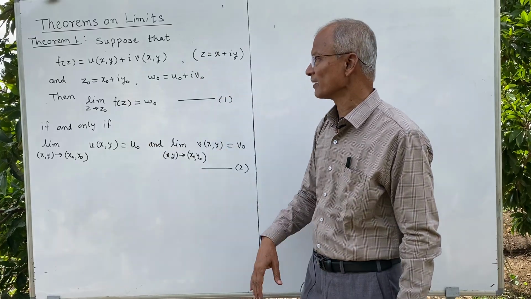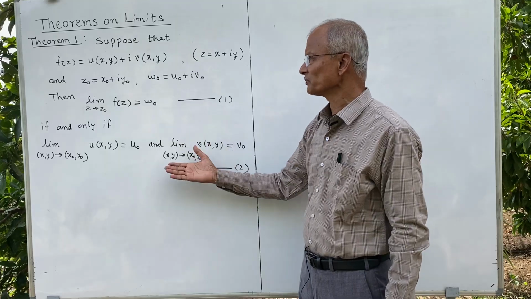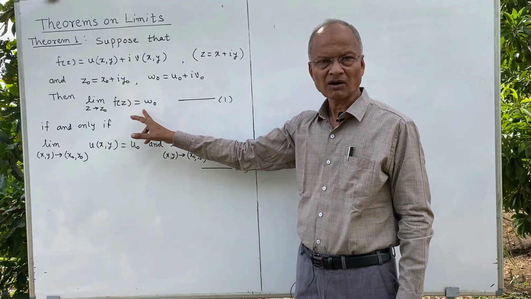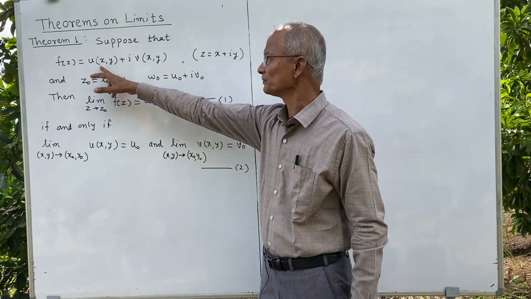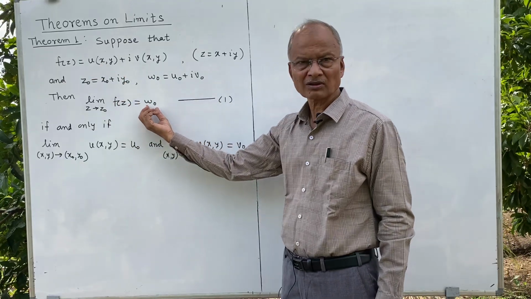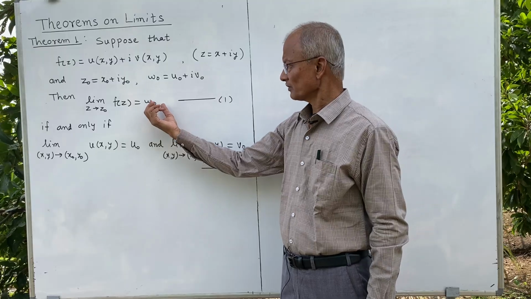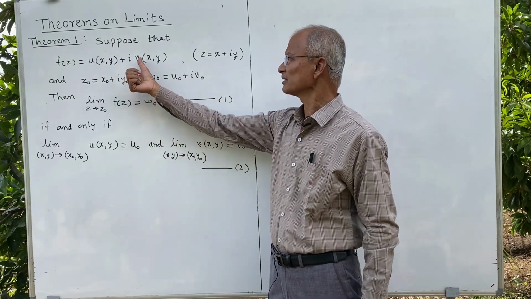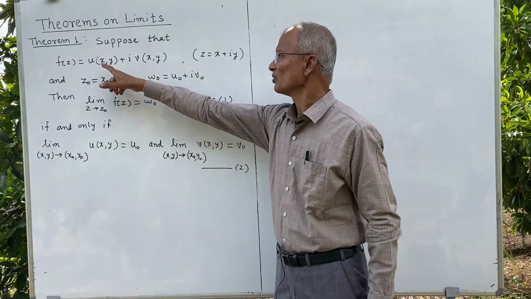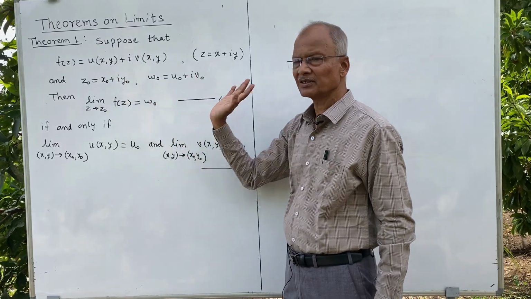So, this is the theorem. It states a necessary and sufficient condition for the limit of a function: its real part u tends to u naught and its imaginary part v tends to v naught.